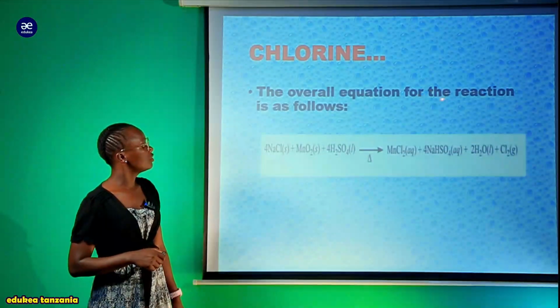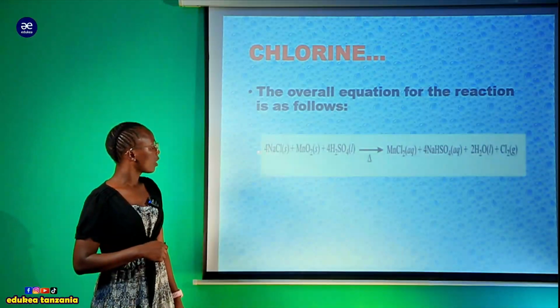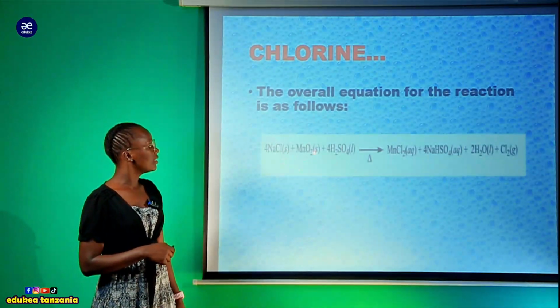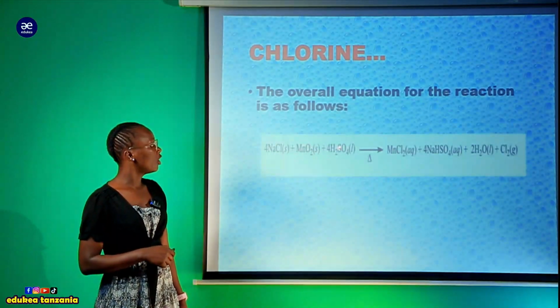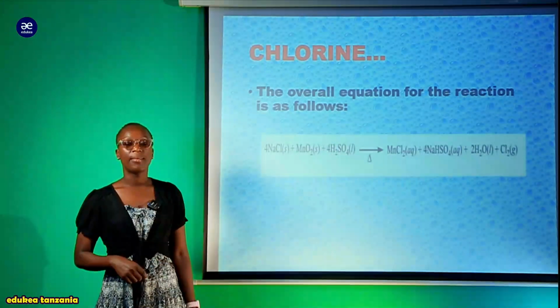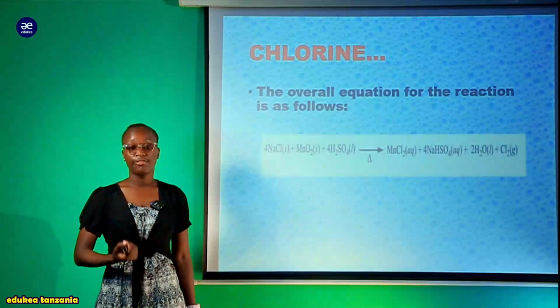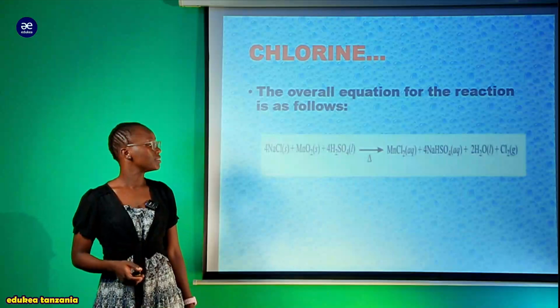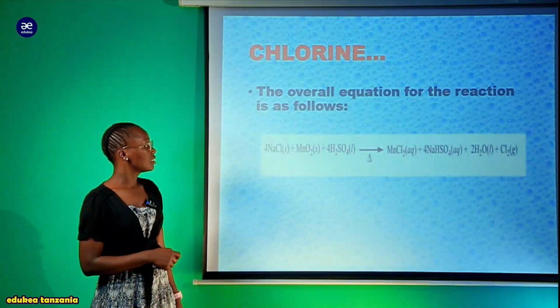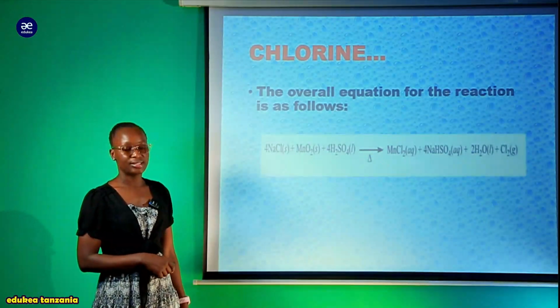Now the overall equation for this reaction is as follows. Kwamba sodium chloride plus manganese 4 oxide plus this sulfuric acid, kwamba tunatumia concentrated sulfuric acid and not hydrochloric acid. So after reacting, this involves heat.